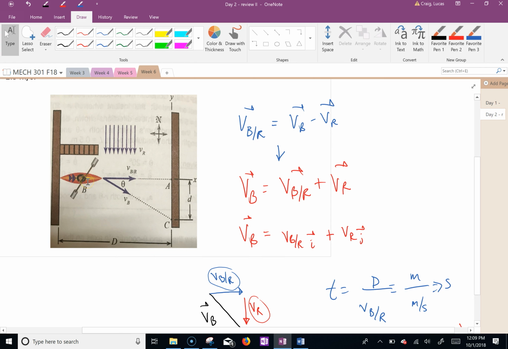VB is the actual vector of the boat or the kayak, and this is what you would actually see, him moving this way down towards the bottom of the bank. Then here I just split this vector into components, which are your relative and your river velocity. And then you can use those two values to find distance and time.